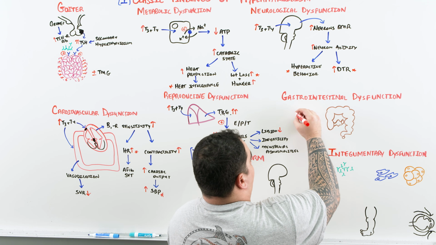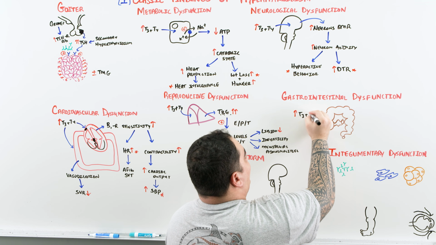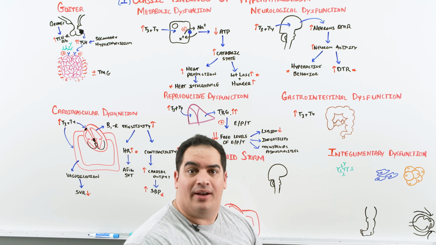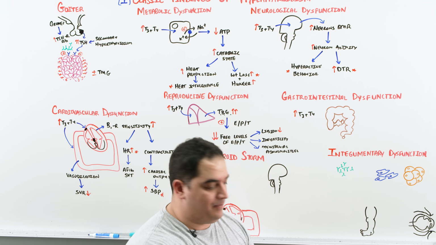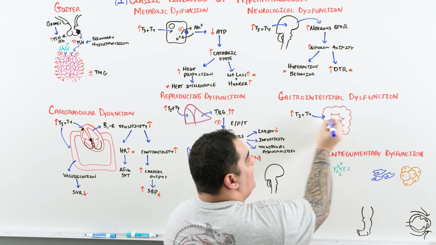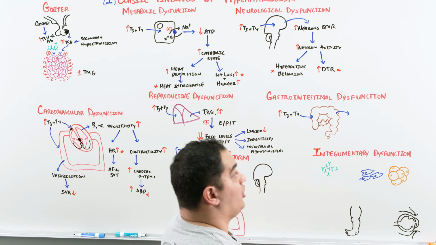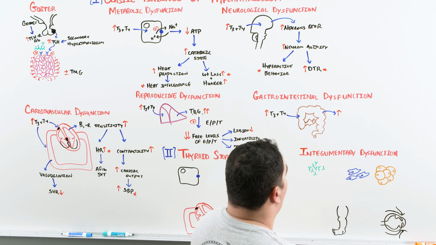So gastrointestinal dysfunction. So whenever you have high levels of T3 and T4, again, it increases basal metabolic rate. And that can cause an increase in the smooth muscle metabolic activity. When smooth muscle is becoming super hyperactive, especially of the GIT, this causes the motility to go up. So you'll end up with an increase in your GIT motility.